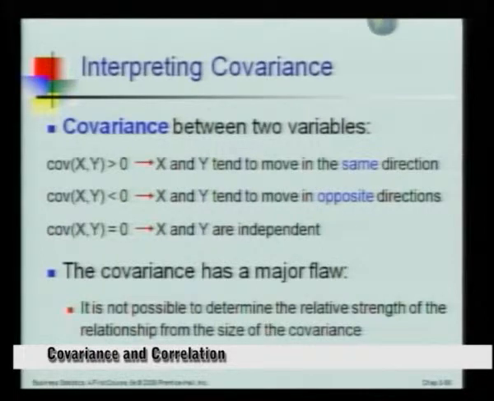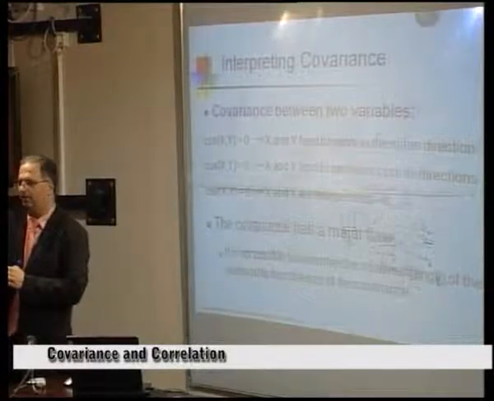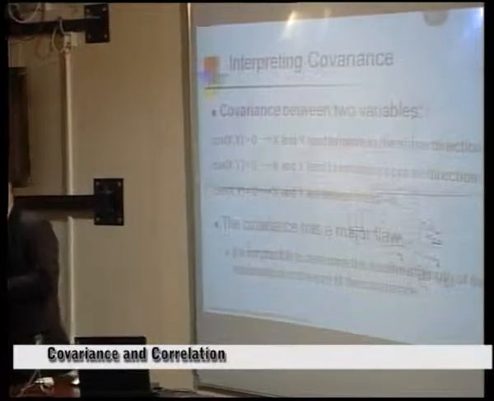For example, if the covariance between x and y is positive, that means x and y move in the same direction. If x goes up, y will go up too. If x goes down, y also goes down.